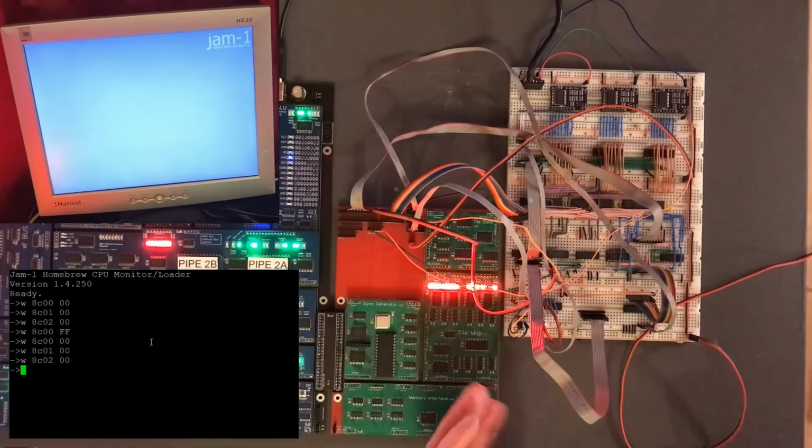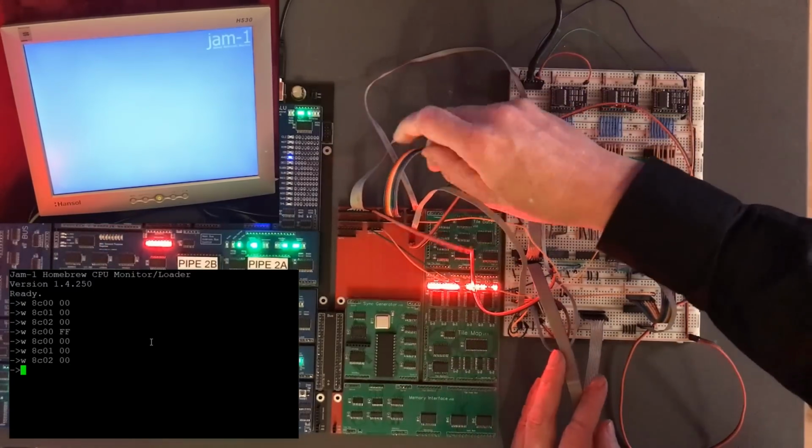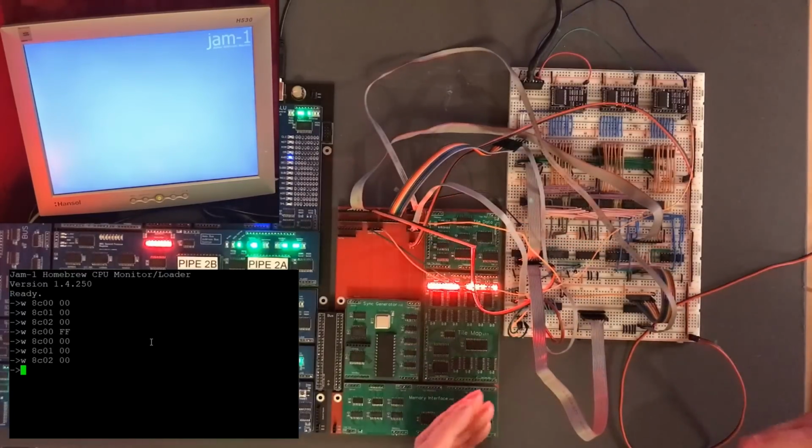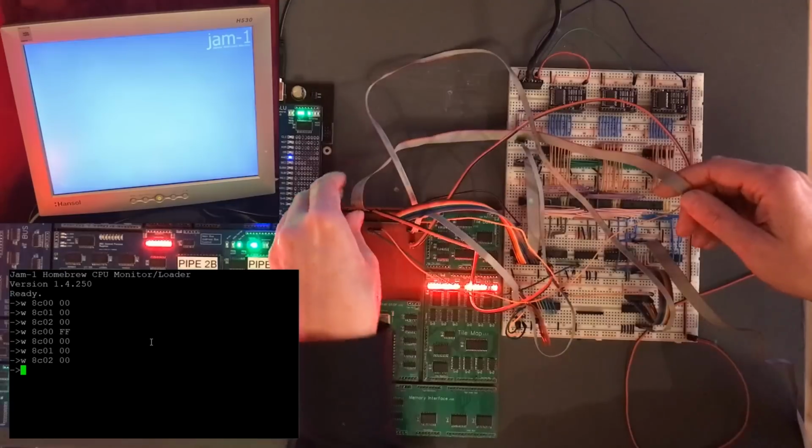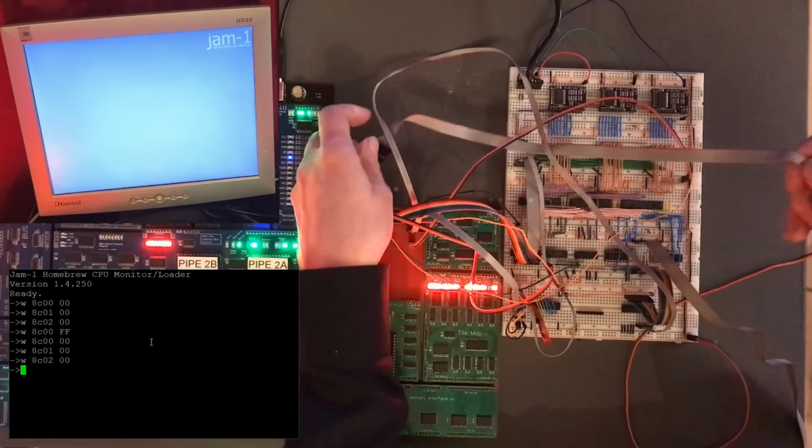So in theory, we're writing zeros there. And it's not making any difference. Maybe we were right to suspect a cable here.